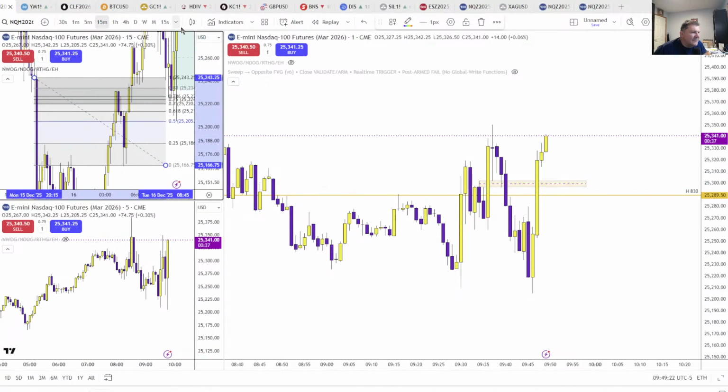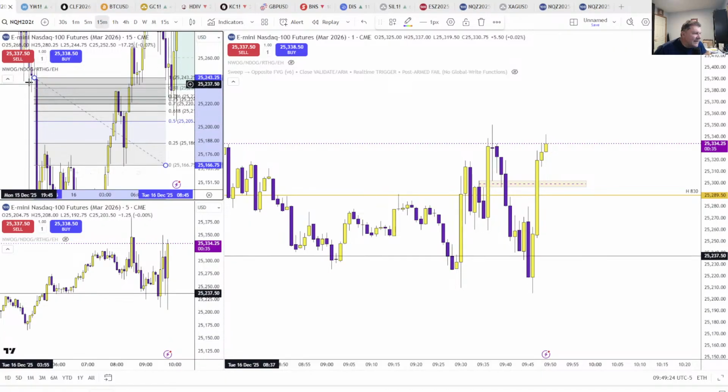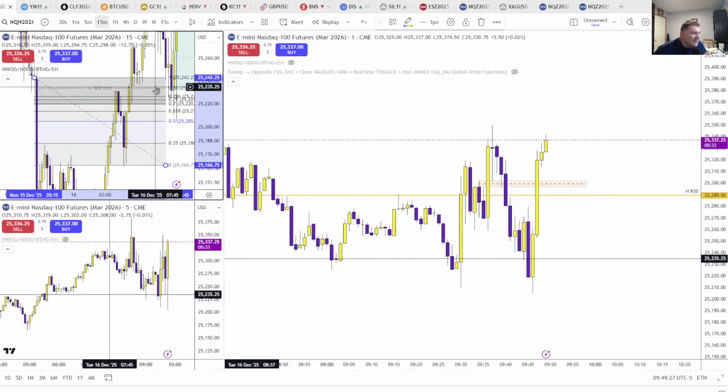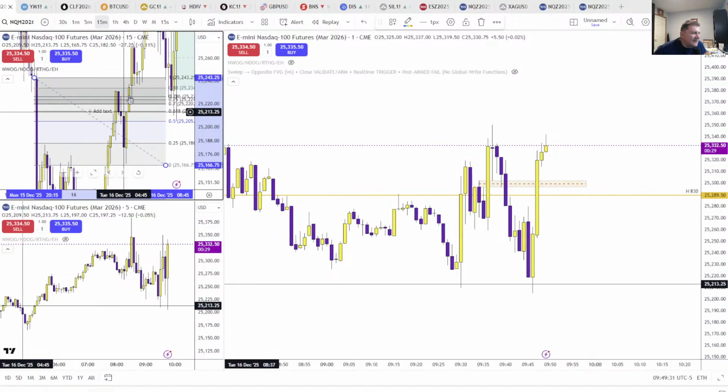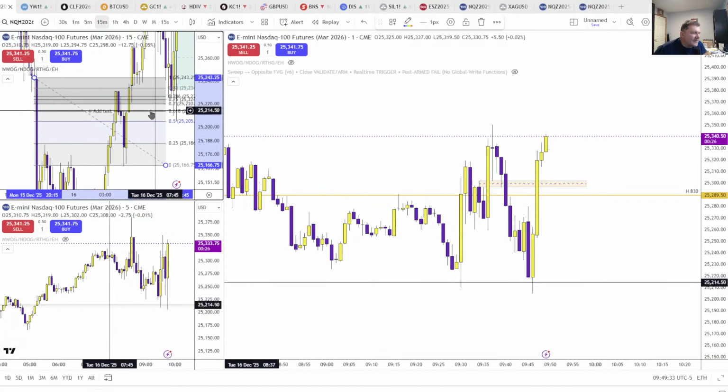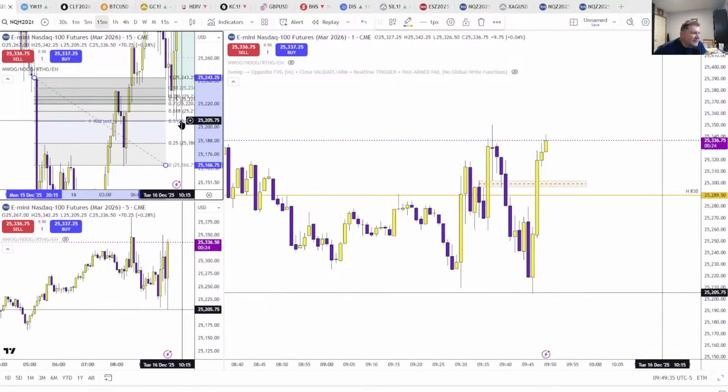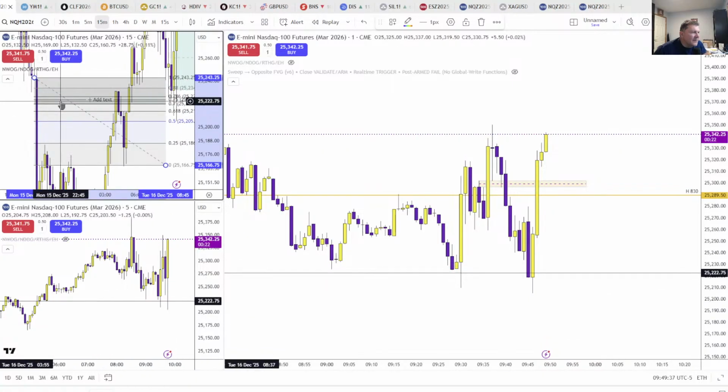We run above that level. We come all the way back inside that validated fair value gap. I've been ignoring that. We validated it here. None of this mattered until we got here. Then it came back into consequent encroachment. Went higher.